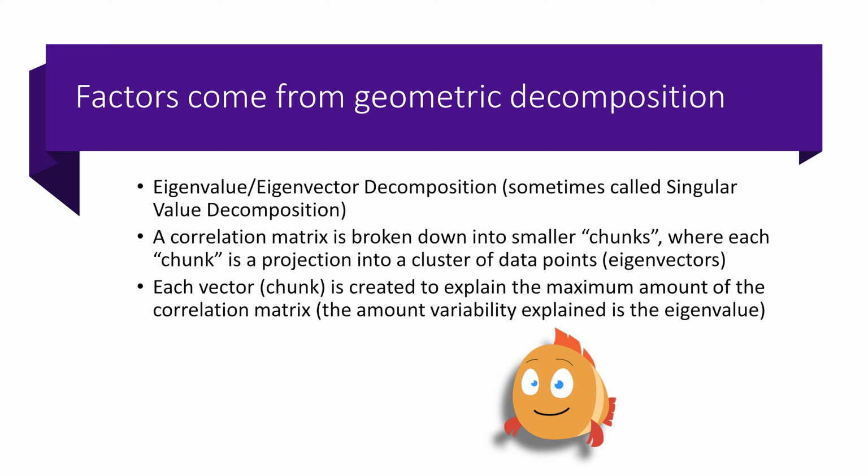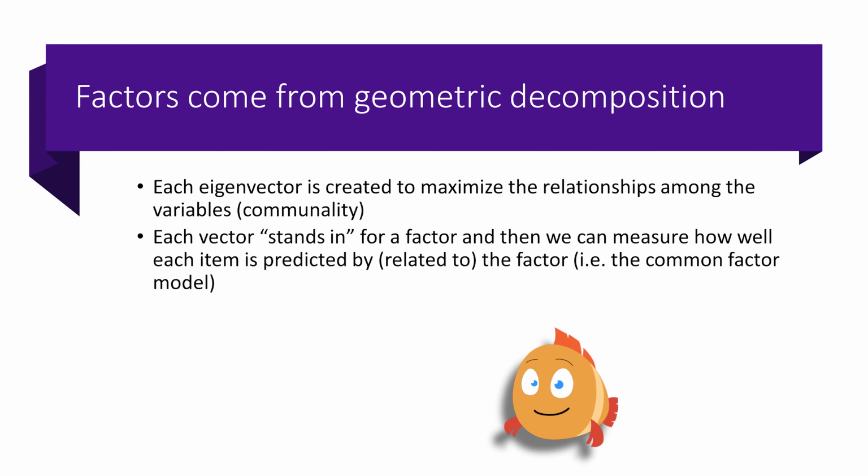And each chunk is created to explain the maximum amount of variability in the correlation matrix. And that variability is explained as the eigenvalue. And each eigenvalue is created to maximize the relationship amongst the variables, so that commonality. And each vector stands in for a factor, and we can measure how well each item is predicted, essentially related to that factor, using the common factor model.